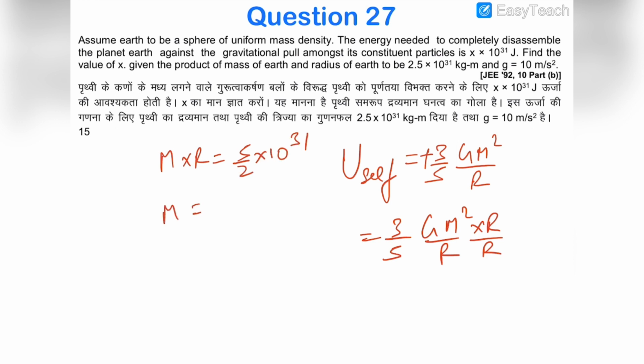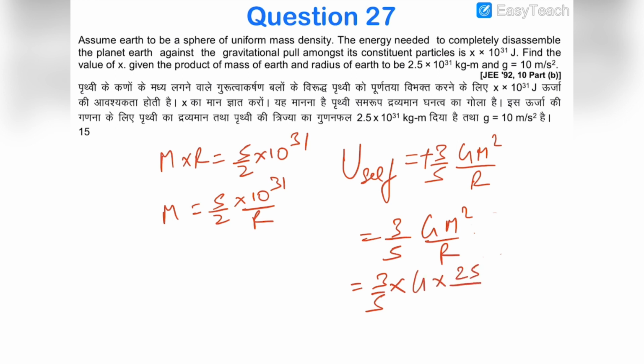So M will be equal to 5 by 2 into 10 raised to power 31 by R. So let us substitute this value of M. So this is 3 by 5 into G into 25 by 4 into 10 to the power 62 divided by R cubed. Okay, and R we know is 6400 kilometer. So R is 64 into 10 raised to power 5 meters.